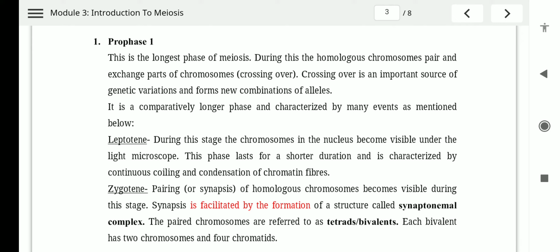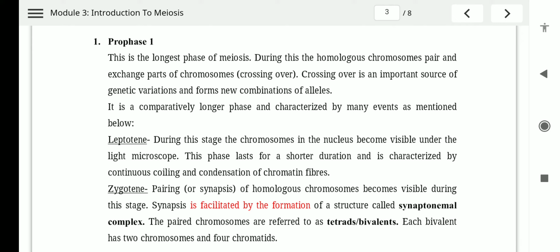This phase lasts a shorter duration and is characterized by continuous coiling and condensation of chromatin fibers. So, in leptotene, some beaded structures of chromatin are observed, because the chromatin becomes condensed and much coiled.